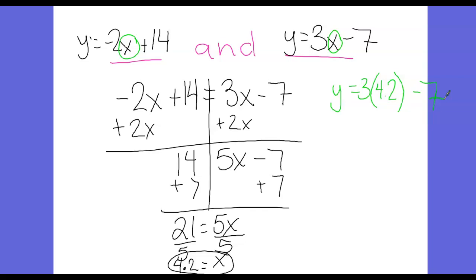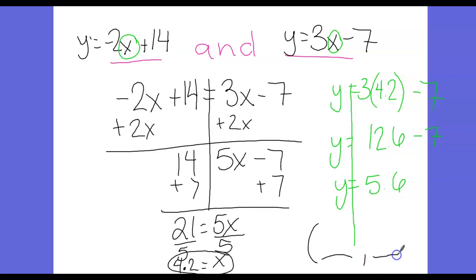So how would I solve? 3 times 4.2, which is 12.6, minus 7. They're on the same side, so I just subtract. So I would get y equals 5.6. Okay. So now my final answer, I believe I wrote this blank, comma, this blank.